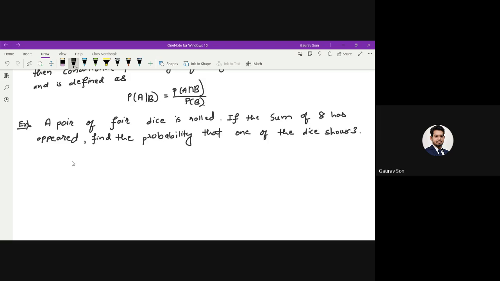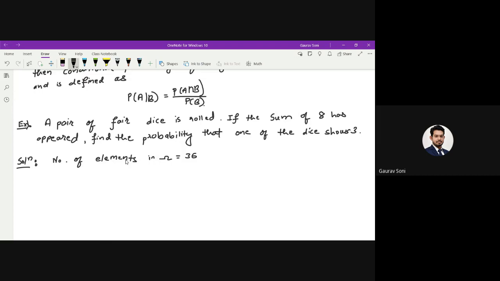Okay, first of all, how many elements are in the sample space? Whenever we have a large sample space, it is not expected that you write down the sample space explicitly. What is the number of elements? 36. So I'll define the events now. The sum of 8 has appeared already.